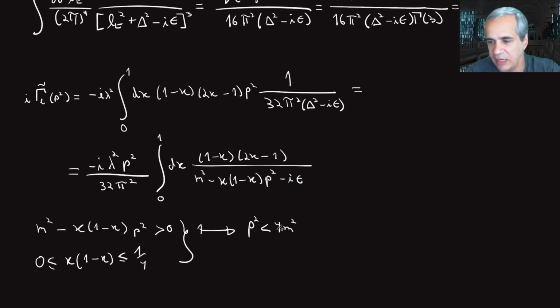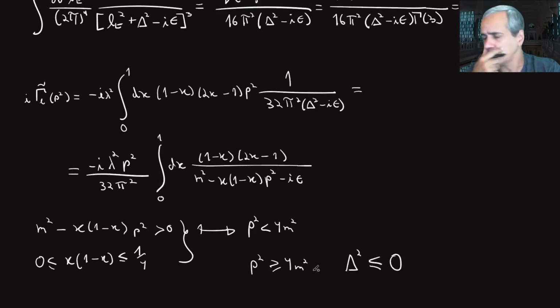But once this goes above this point, then there's always some value of x, because this can be arbitrarily close to 0, that allows this thing to go negative. So the moment you go to p squared bigger than 4m squared, delta squared can be smaller than or equal to 0.